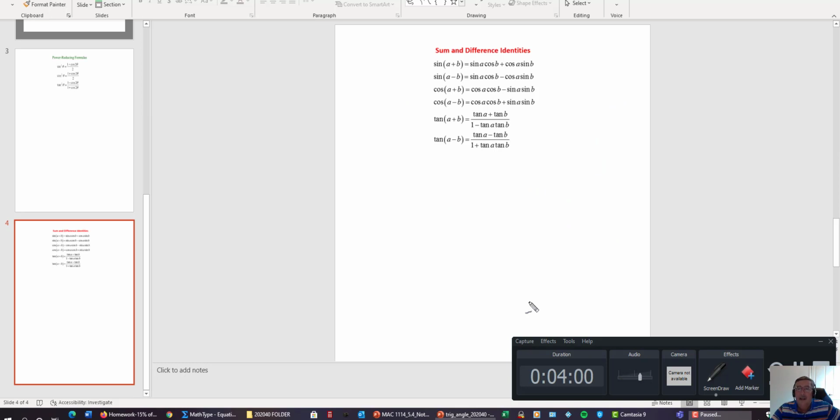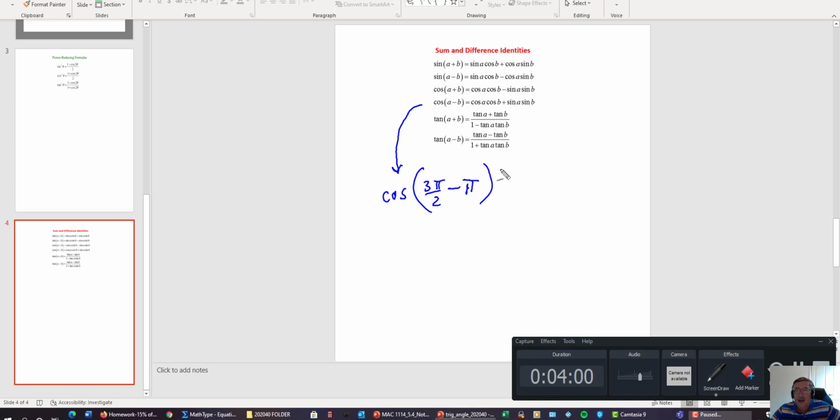And again, I'll do one with a sum and difference identity. I'll take the cosine of alpha minus beta here, and let's put in alpha as 3 pi over 2 and beta as pi.